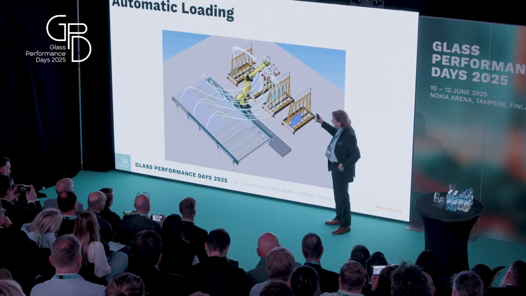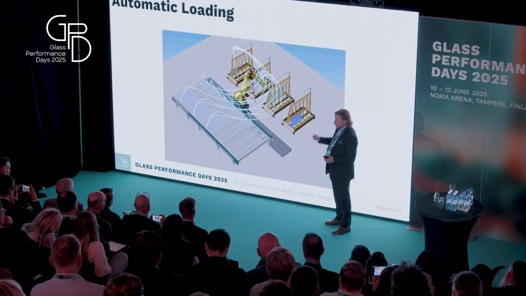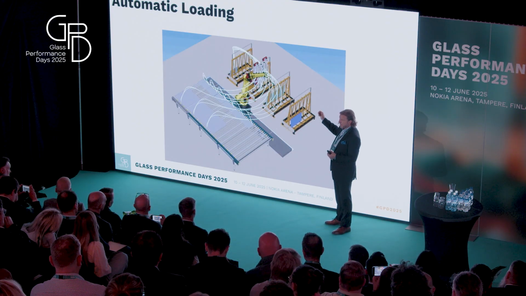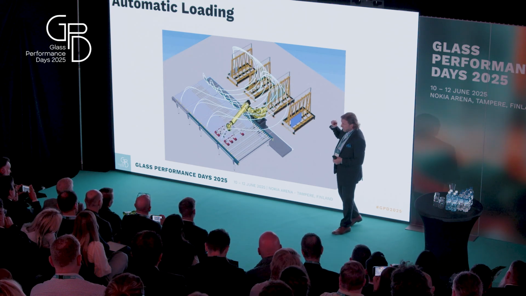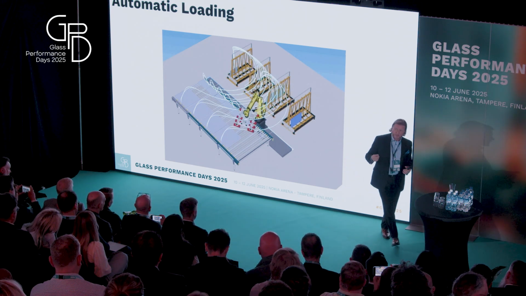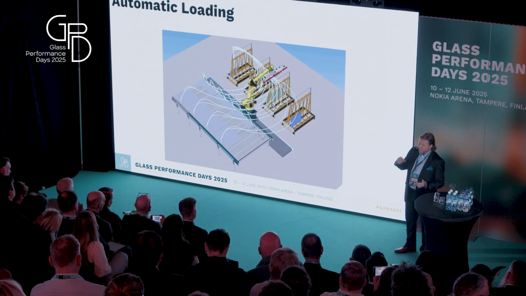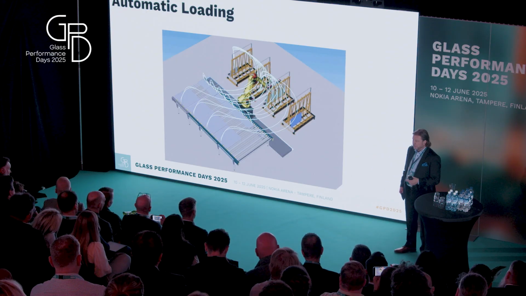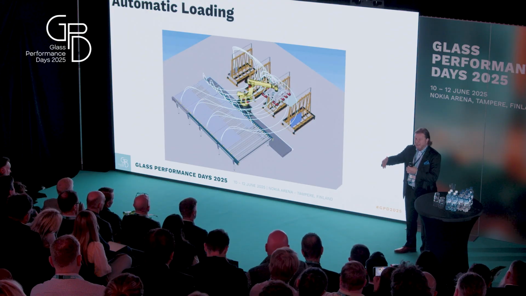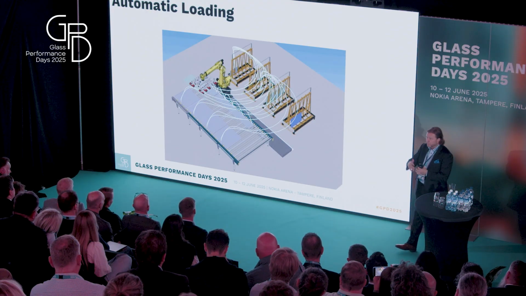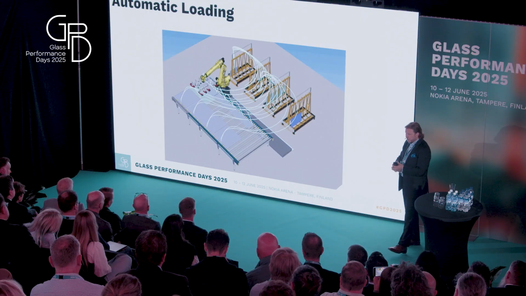So the characteristic of the rack system is that you can't take the second glass before you have taken the first one. And this needs to be calculated. And the algorithm is doing 600,000 calculations for each batch that needs to be optimized. It's a little bit like playing chess. You need to think in advance. Once you move one, you need to think about the consequences.